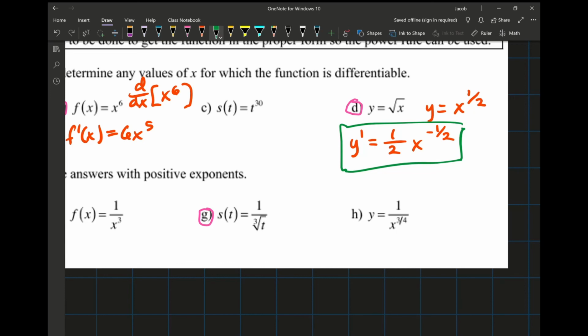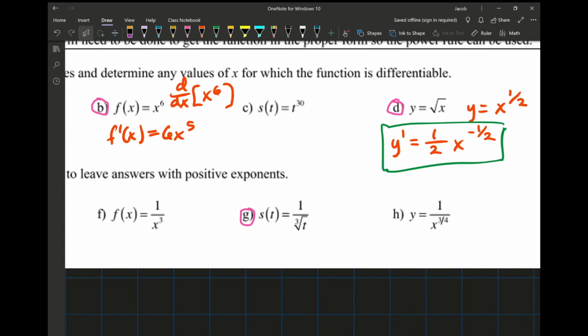So if we look at g, we want to rewrite this one to be t to the negative 1/3. Right? So if we look at f, this is actually x to the negative 3, because 3 is our power and it's in the denominator, then we can just rewrite it as x to the negative 3.